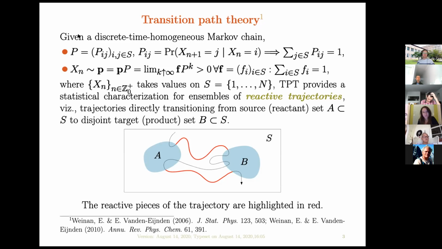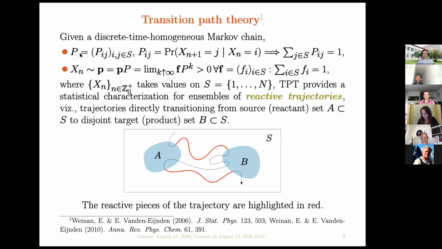We have a transition matrix controlling the probability of transitioning between states i and j in a chain, and we're going to assume that the chain is in stationarity. That means that the random position at time t is distributed like the stationary distribution of P.